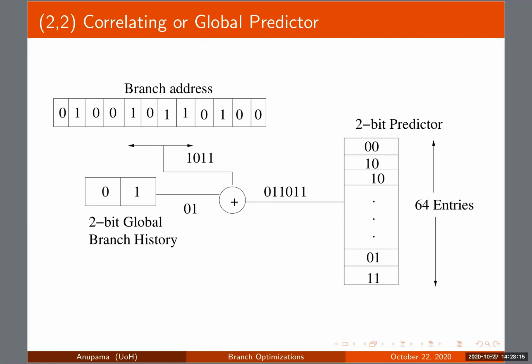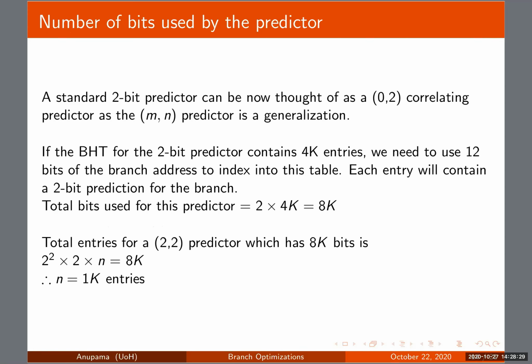Okay, so they basically evaluate the effectiveness of a predictor based on how many bits it is using and how accurate its prediction is, right? We talked only about the 1-bit predictor and 2-bit predictor, but you can also use a 3-bit predictor.